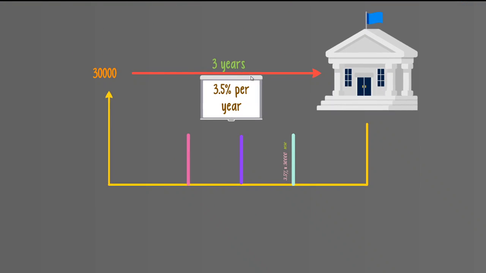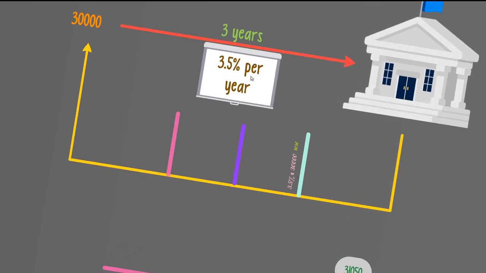Let me write that down. First year, second year, third year. First year you had 30,000 plus you got interest of 1,050, which adds up to 31,050 rupees. All clear? Now the second year, what happens?